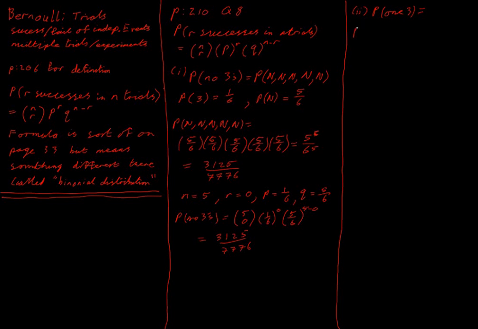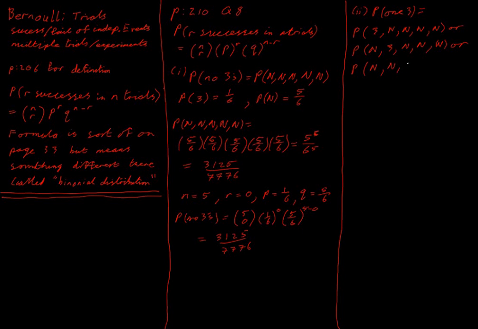So what are the different ways of getting 1 3? Well, we could get a 3 the first time, not a 3, not a 3, not a 3, not a 3. Or we could get not a 3 and then a 3 and then not a 3, not a 3, not a 3. Or you can see where this is going. We have not a 3 and then not a 3.